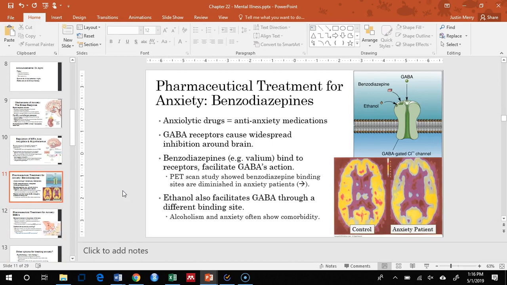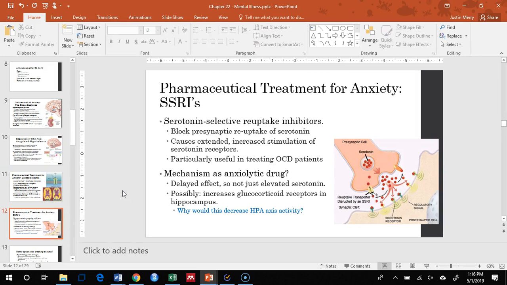Also, in terms of treatments for anxiety disorders, one of the major treatments is benzodiazepines, which are not as tightly tied to the HPA axis. Another treatment is selective serotonin reuptake inhibitors, which affect serotonin levels, and serotonin is again not directly tied to the HPA axis.